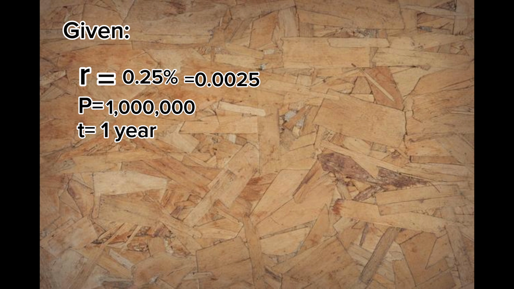And then after that, we find our I sub S, which is the simple interest. If you are wondering how we got 1 million for our principal, as you can see in our example, 1 million pesos is deposited, so I placed it in the principal. Then after finding the given, let's start solving.